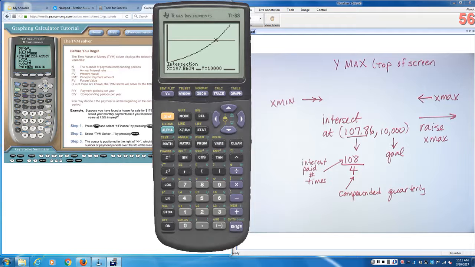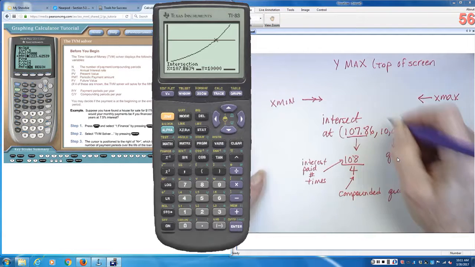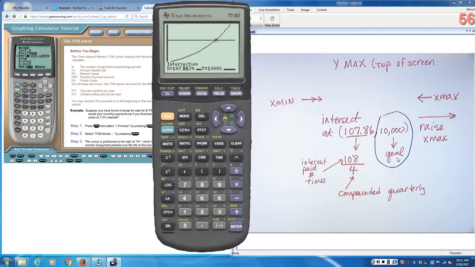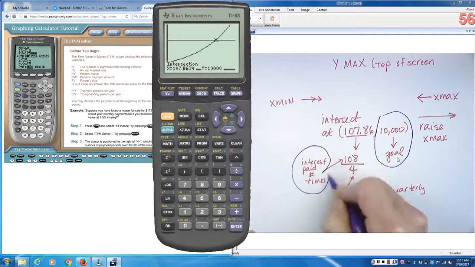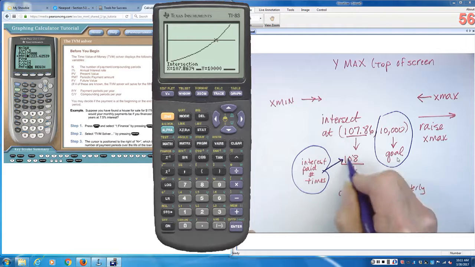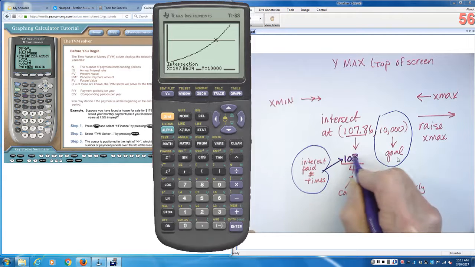Okay. So once we found our intersection point at 107.86 and 10,000, $10,000 was our goal. That was what we wanted to have. And we got our $10,000 after interest was paid 108 times.